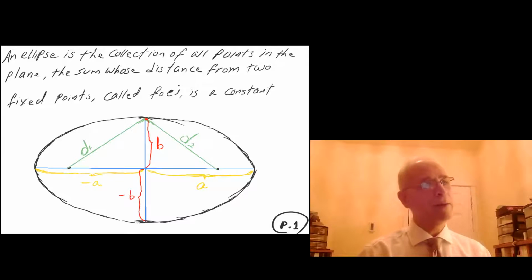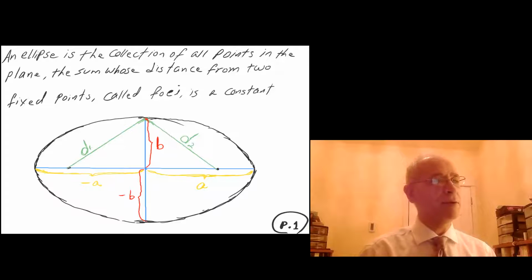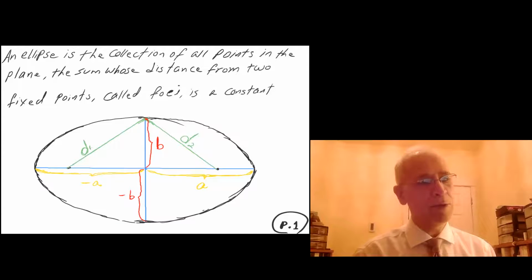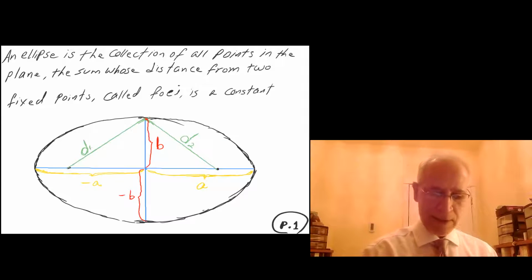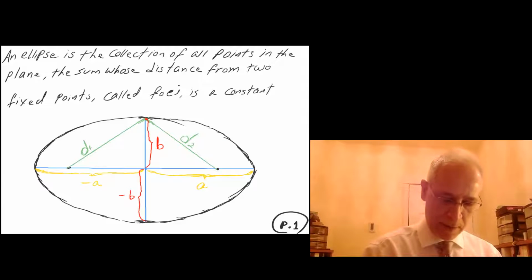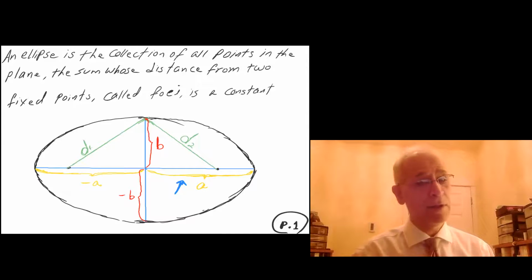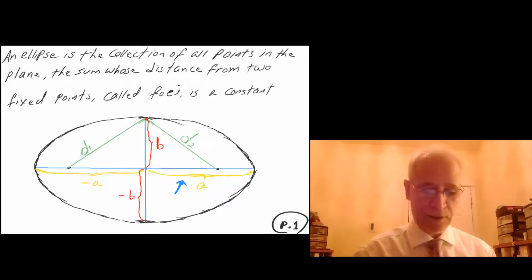Okay. So let's look at this ellipse. The first thing I want you to pay attention to is this yellow distance from the center to the vertex on the right-hand side.